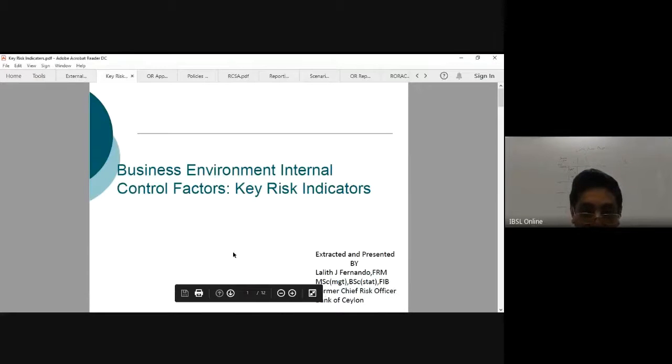Now, the internal control factors are very important in the case of RCSA.